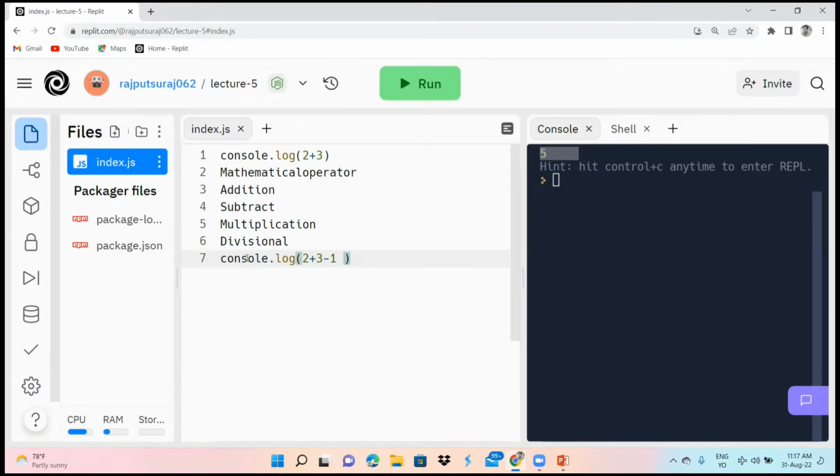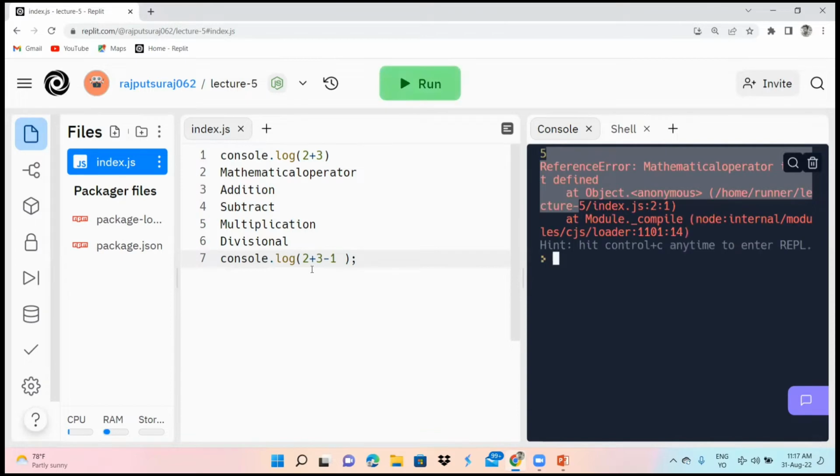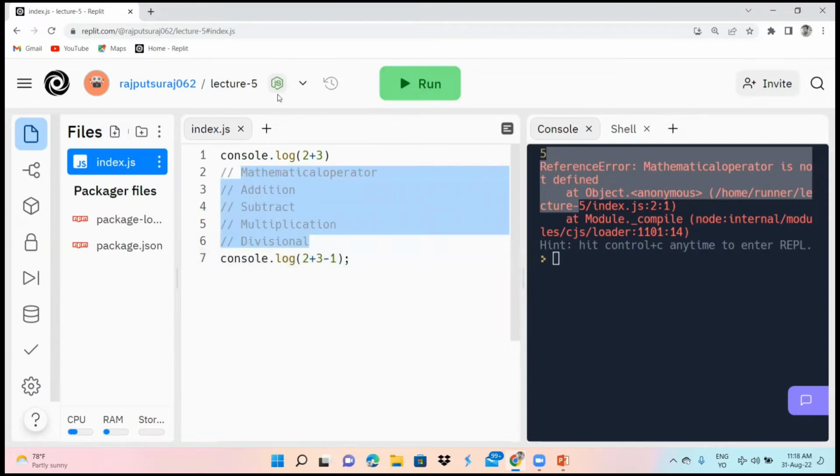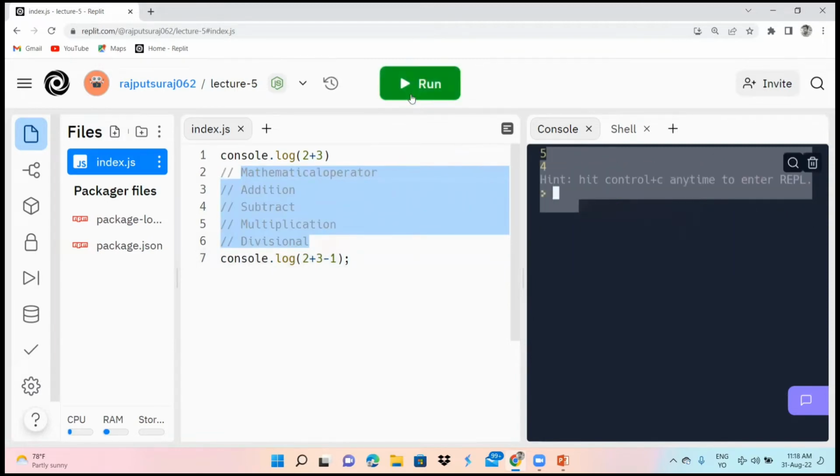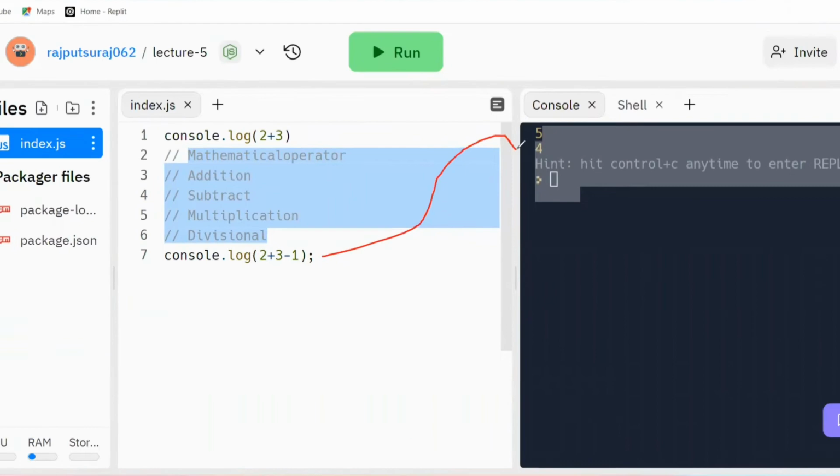What will be the output here? 2 plus 3 is 5, and 5 minus 1 is 4. If you look here, the output is 4.